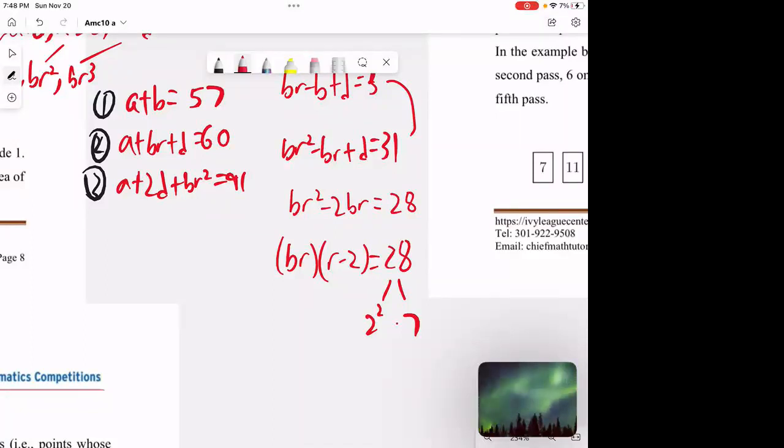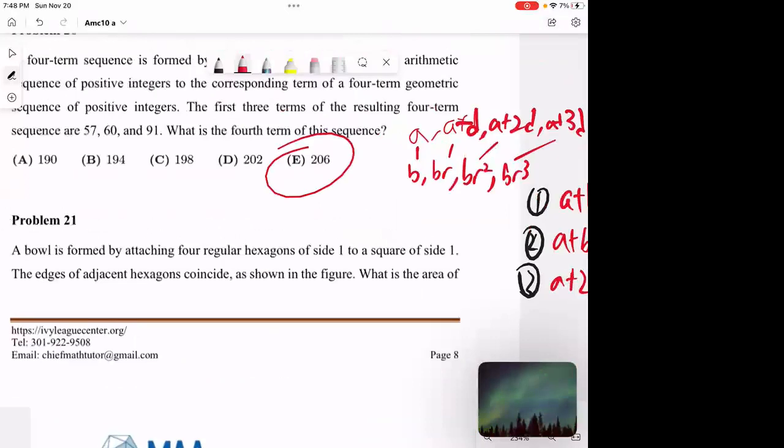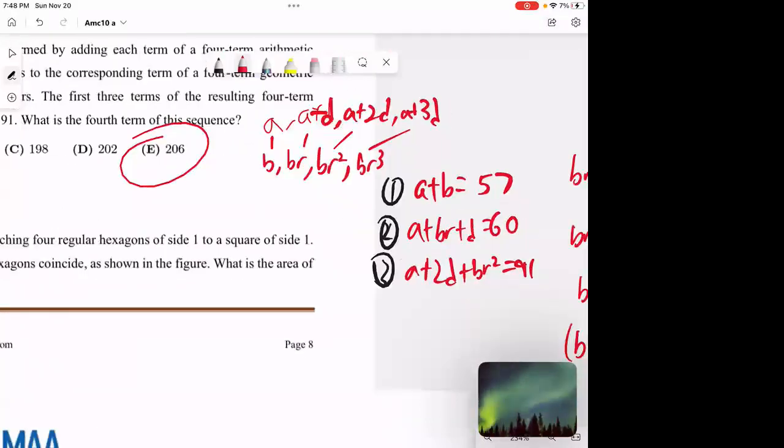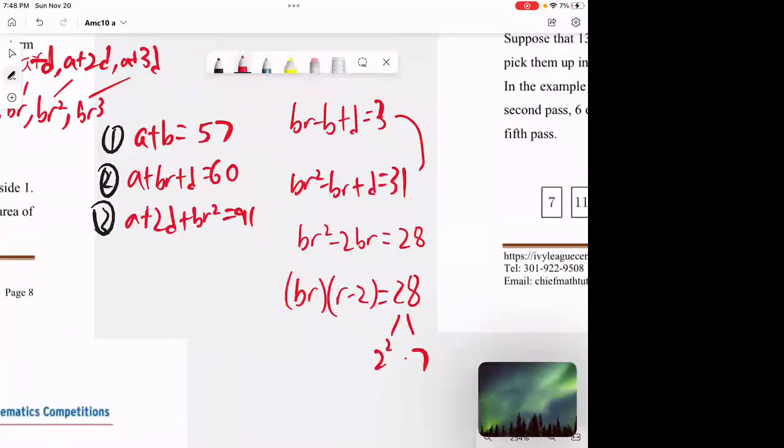Wait a second. Did I do this wrong? Sorry. Let me just check my work again. This should be right. Yeah, I think that's correct. Let's see.